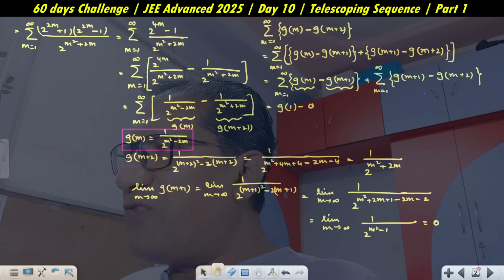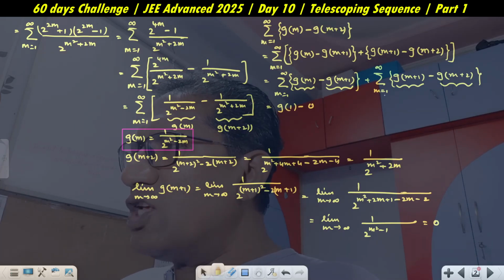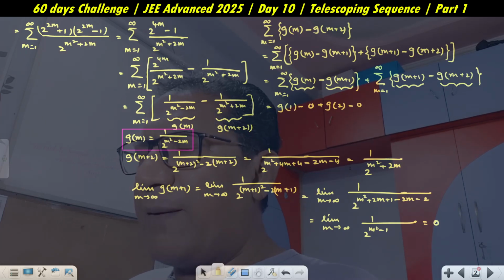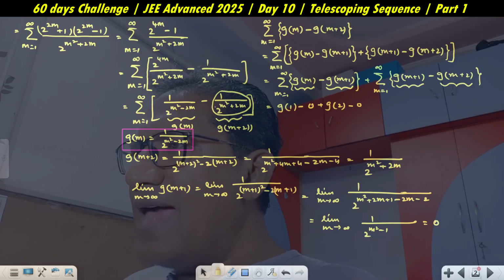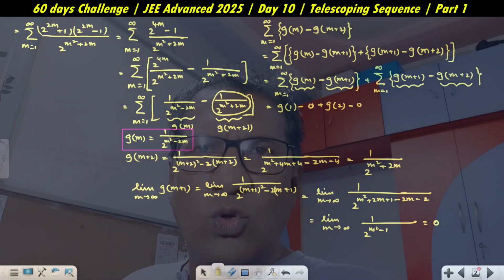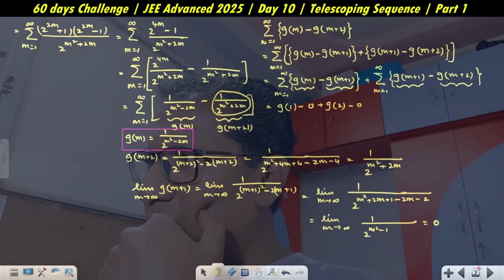Okay, now again for the second sigma, this one is the lowest one and this one is the highest one. So if I put m is 1, we are going to have G2 over here. And this will again tend towards 0 in a similar way, because your Gm plus 2 is this one. As m tends towards infinity, 1 by 2 to the power m square plus 2m also tends towards 0.